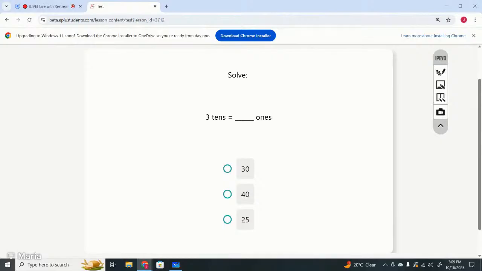3 tens equal how many ones? 3 tens equal 30 ones.